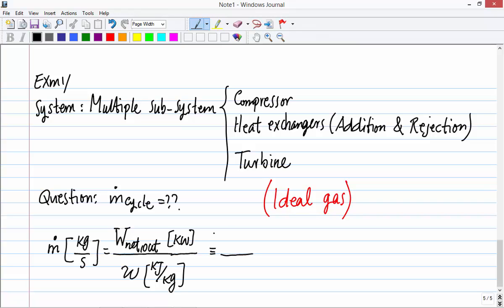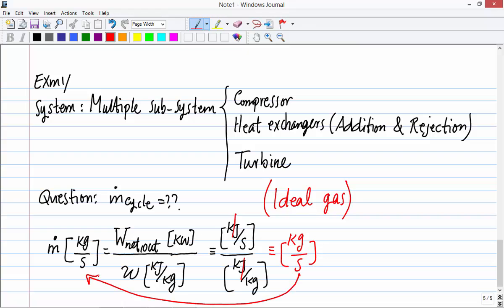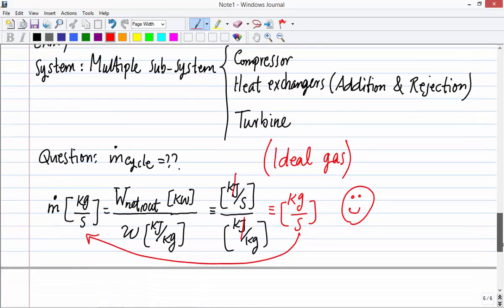The unit here is kilojoule per second, which is kilowatt, divided by kilojoule per kilogram, and kilojoule cancels, and then I'll end up with kilogram per second. This is exactly what I want. So the specific work is energy per mass and work is energy per time. If I divide these two parameters, I'll end up with the mass flow rate. This is what we are gonna do.